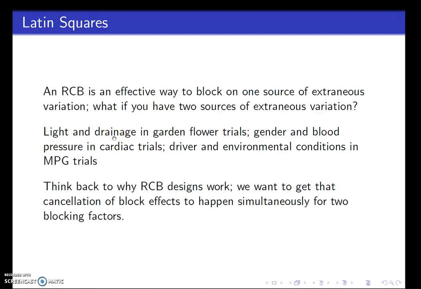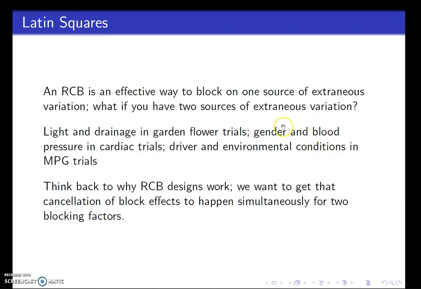All right. Another example, gender and blood pressure in cardiac trials. Obviously we would certainly not want to make gender a factor, because we want to be able to treat both women and men, and we don't want to say, well, it's better to be a man and do this for these cardiac outcomes.